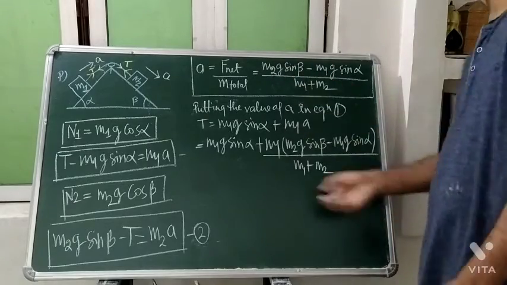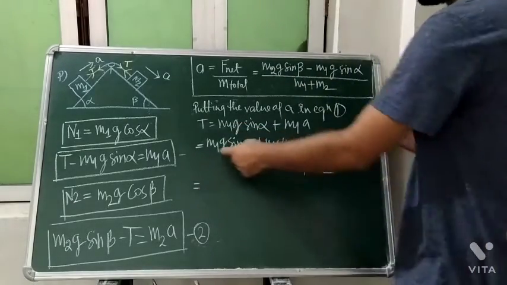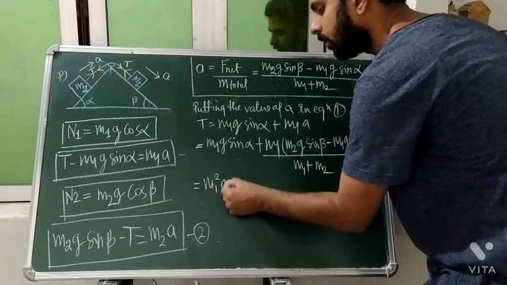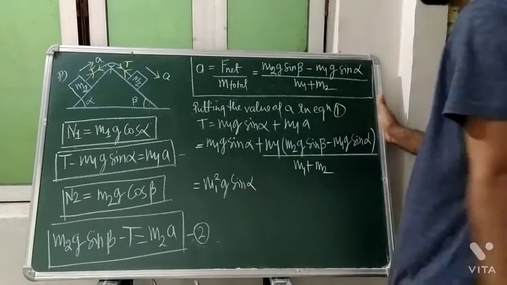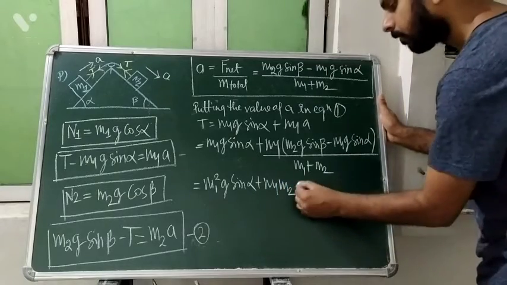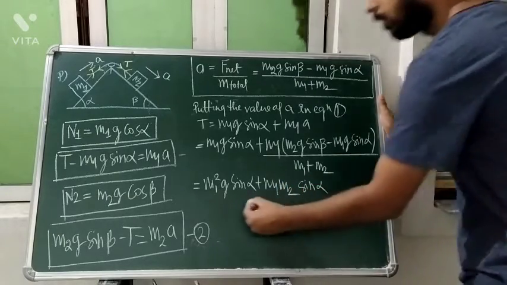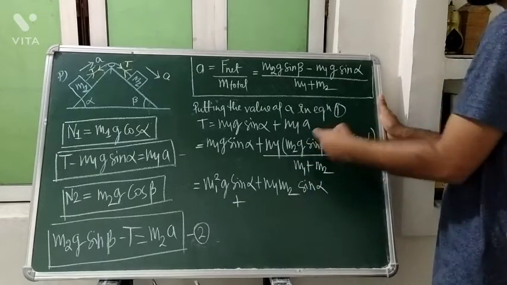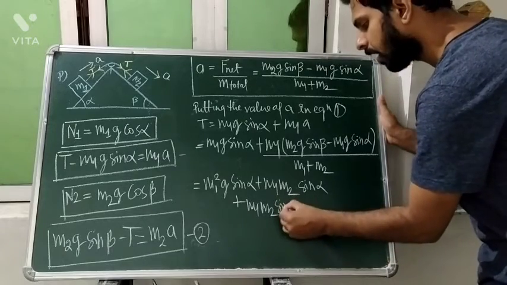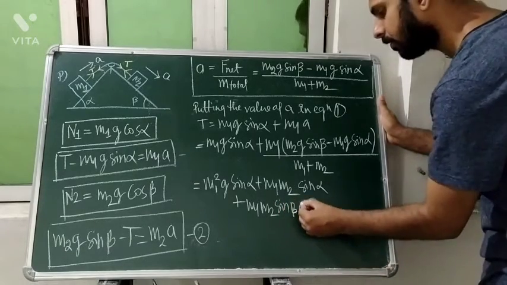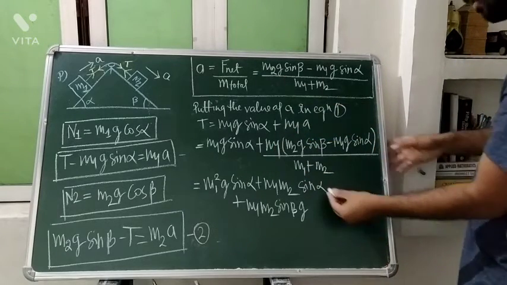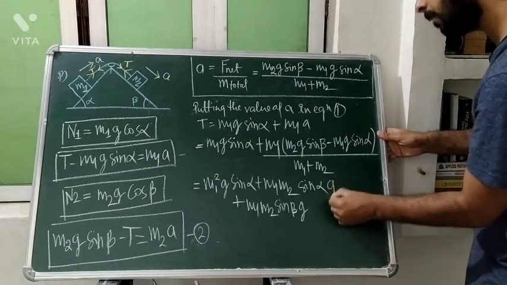How will we solve it? We'll multiply with this. When this gets multiplied, it will come out m1 square g sin alpha plus m1 m2 sin alpha. Plus m1 multiplied with this will come out m1 m2 sin beta times g, and g will also come here.